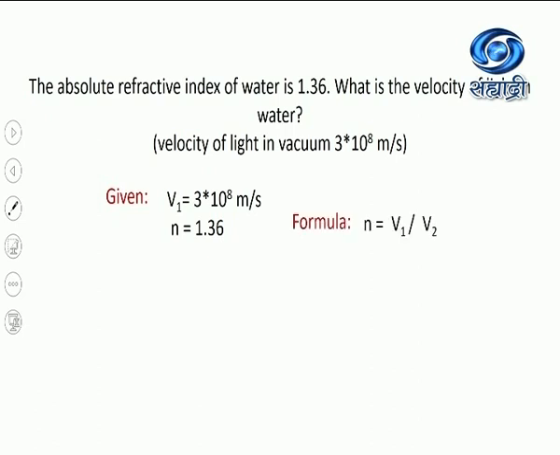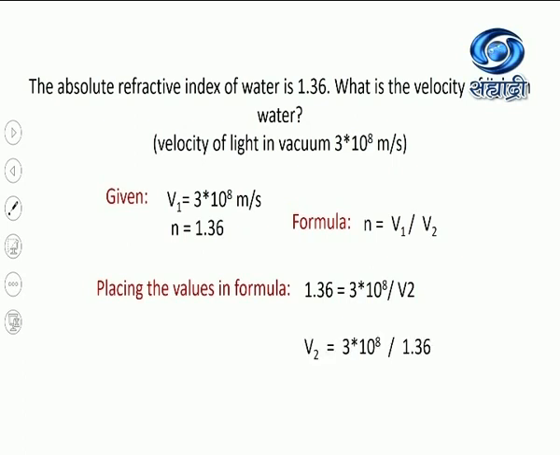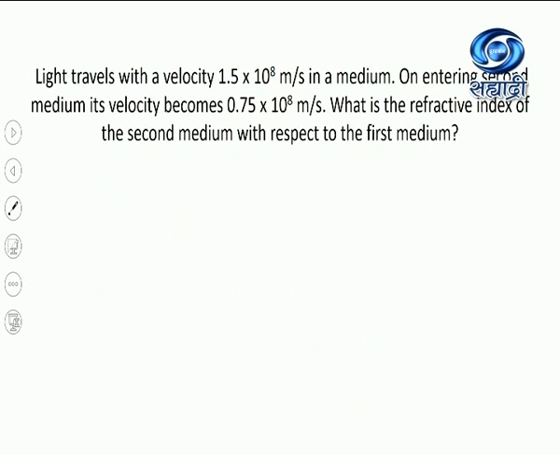Formula: n is equal to V1 upon V2. Placing the values in the formula, we get 1.36 is equal to 3 into 10 raised to 8 divided by V2. So V2 will be equal to 3 into 10 raised to 8 divided by 1.36. So the value is 2.21 into 10 raised to 8 meters per second.